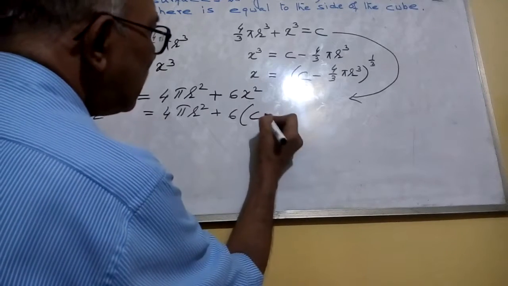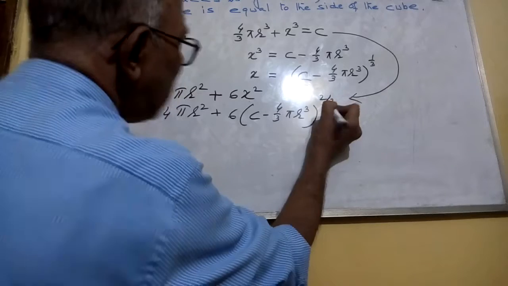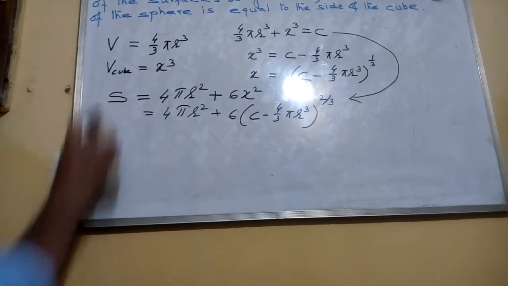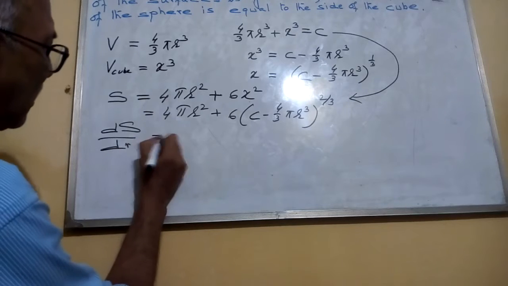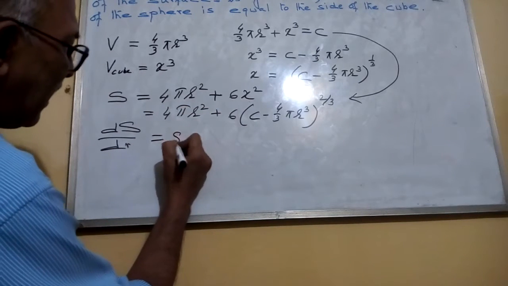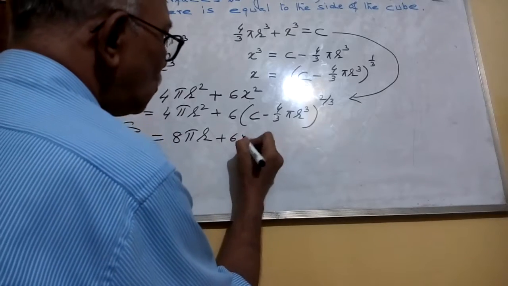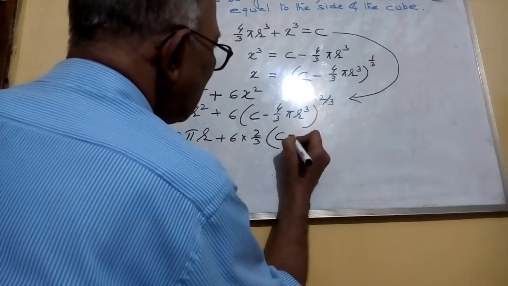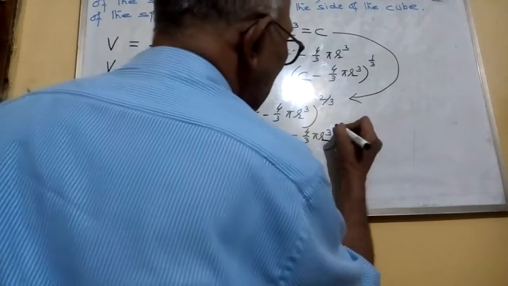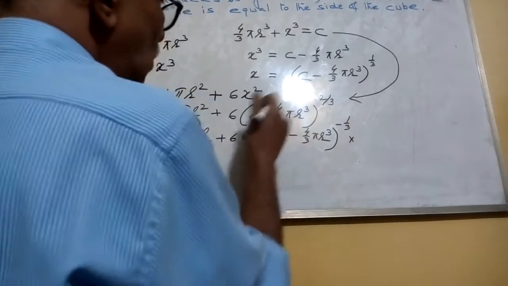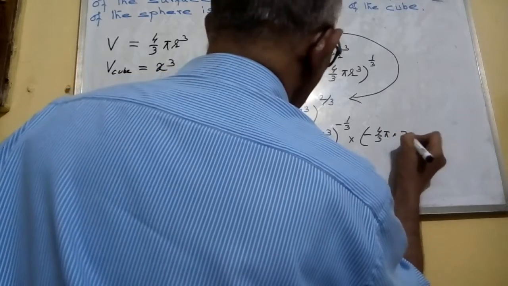So now if we do dS/dr, see carefully, we get 8πr + 6 × 2/3 × (c − 4/3 πr³)^(2/3 − 1), that is minus 1/3, into the derivative of this one, that is −4/3 π × 3r².